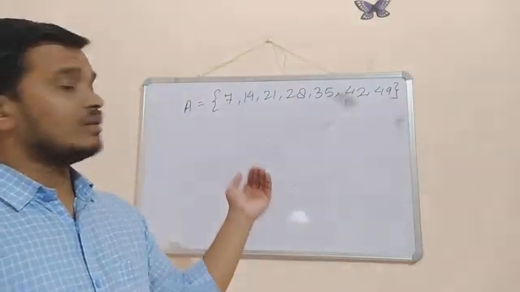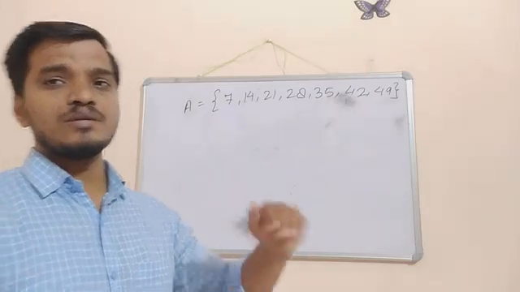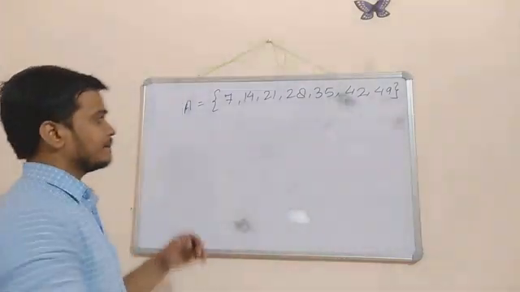If you have to convert this roster form into set builder form, how will we convert?